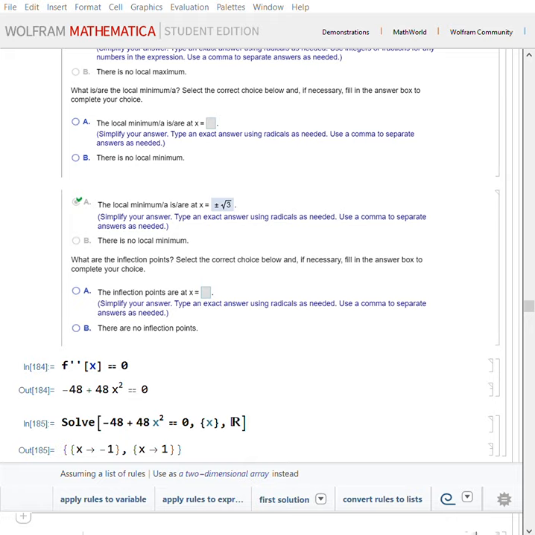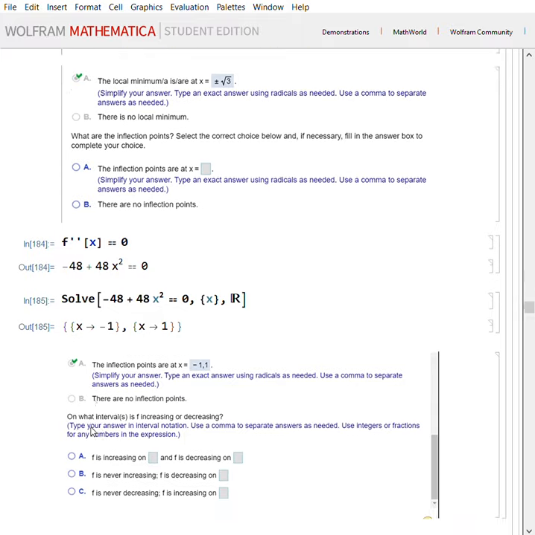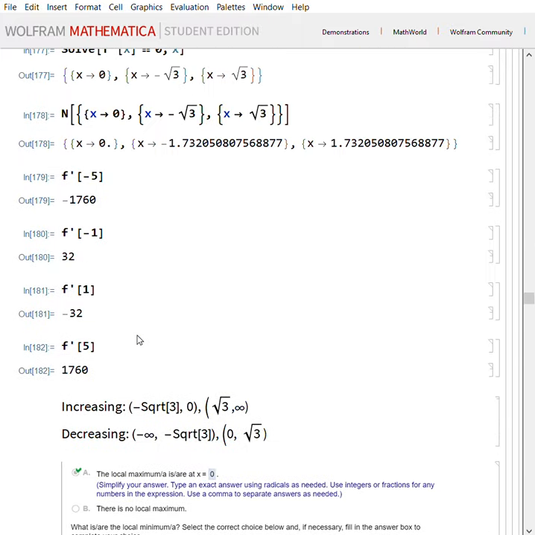And now asking for the increasing, decreasing, which we already settled up here. So let's just copy it.